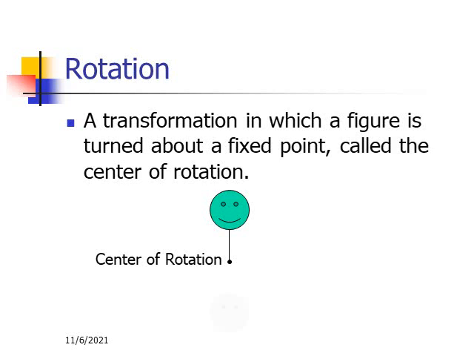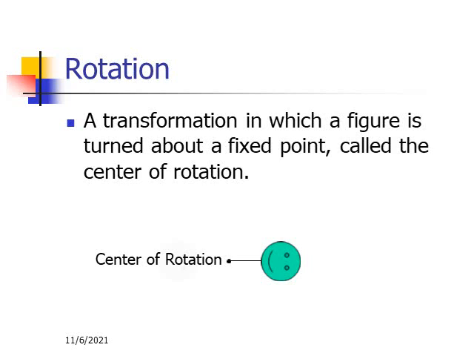So in rotation, a figure is turning about a fixed point. What is the meaning of a figure turning about a fixed point? If you have a smiley face like that, the point down here is the center of rotation. If I turn it here, the smiley face goes round about the center.